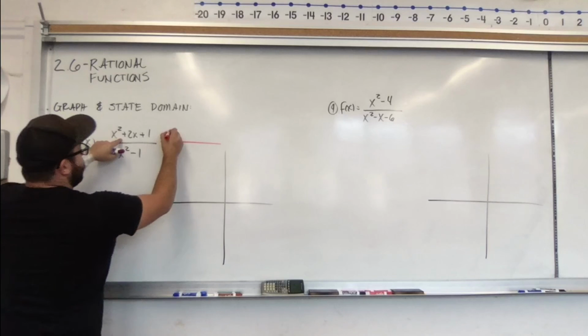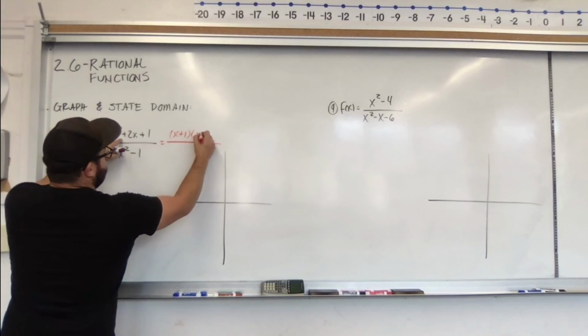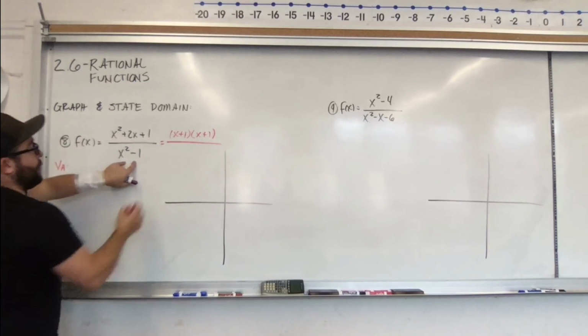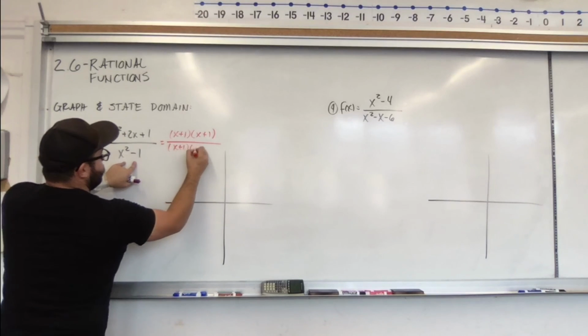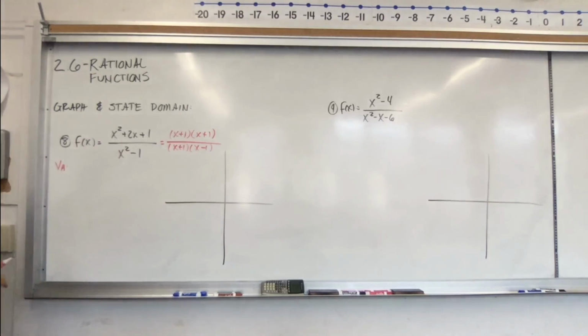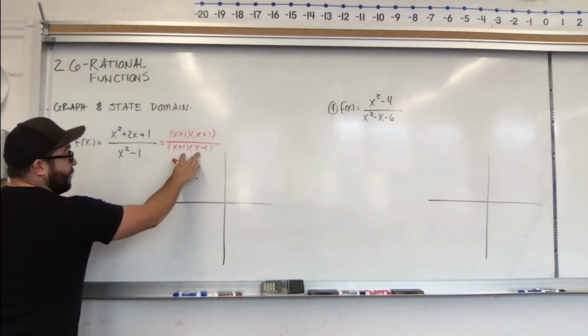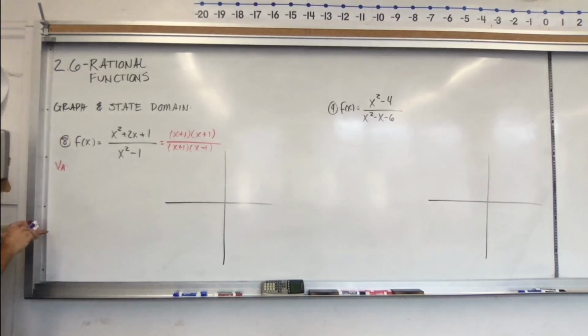So up top we have x plus 1 times x plus 1. And down below we have that difference of squares. So what this tells me is, well, normally I would say x equals 1, x equals negative 1, we have vertical asymptotes.